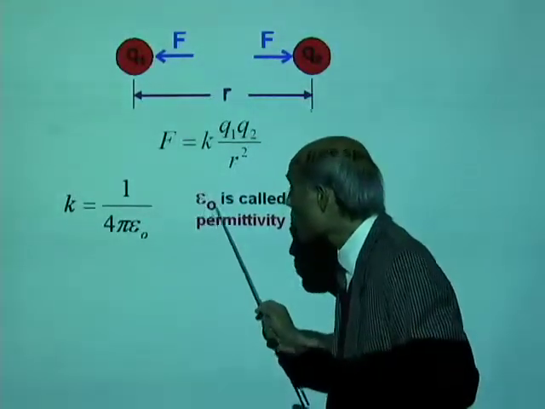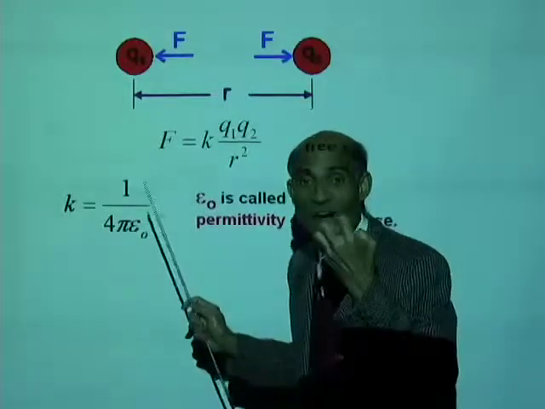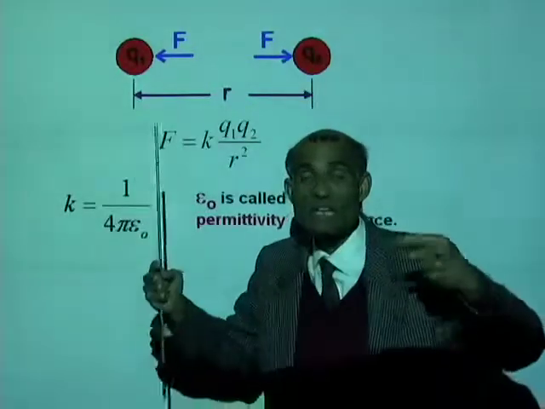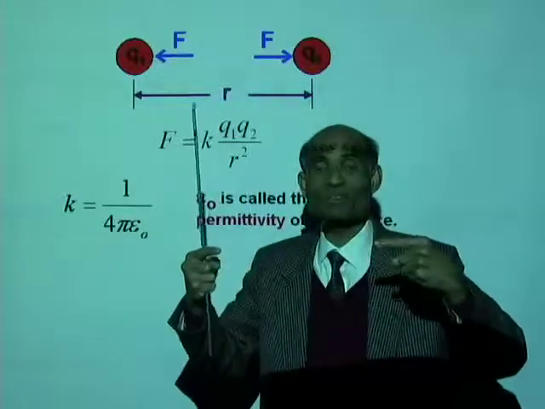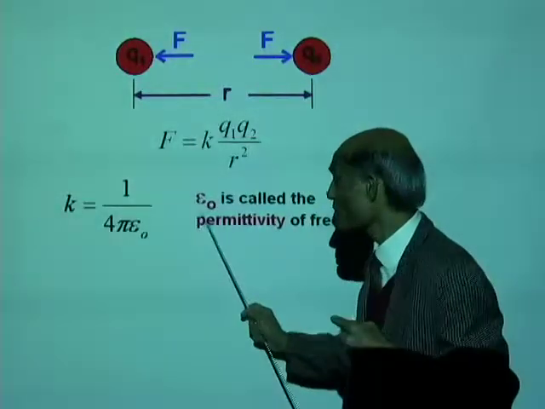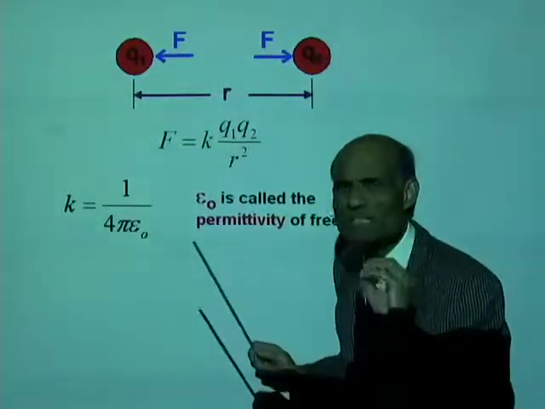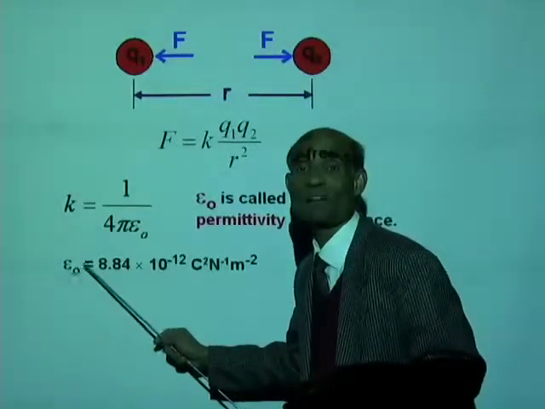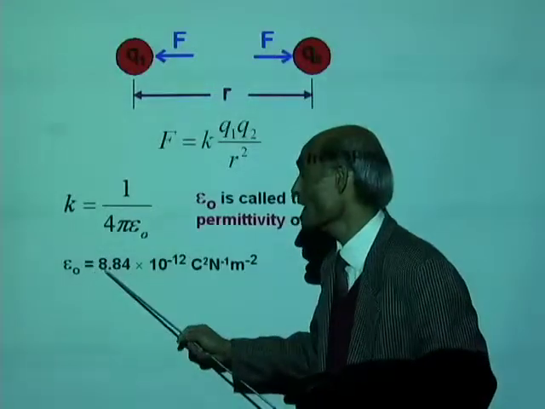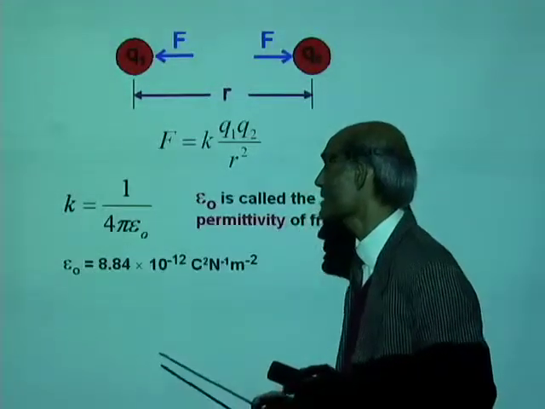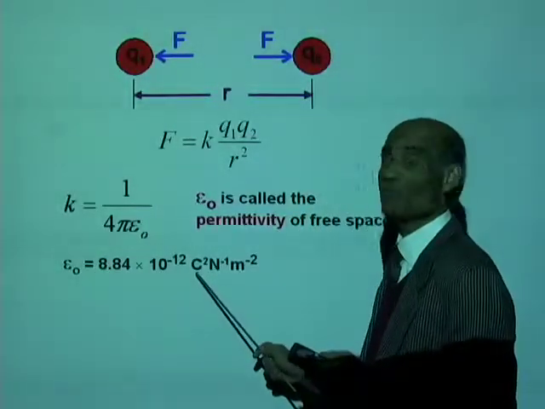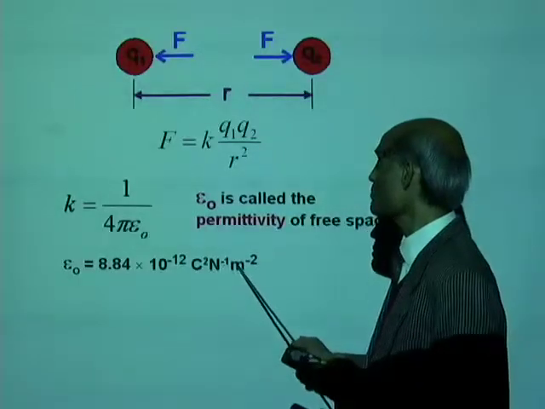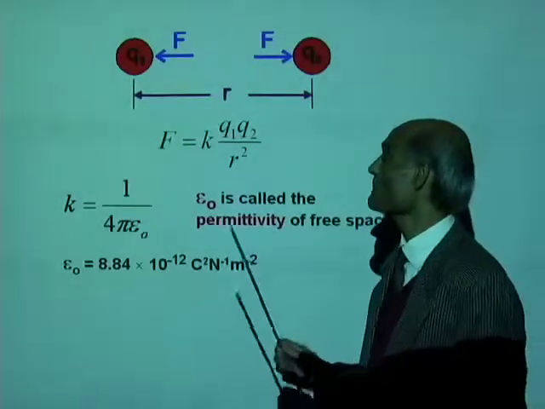So it is this quantity that represents how efficient the medium is in transmitting the electrical forces. So epsilon naught is called the permittivity of free space. And this is the value of that epsilon naught: 8.84 times 10 to the negative 12 coulomb squared per newton per meter squared.